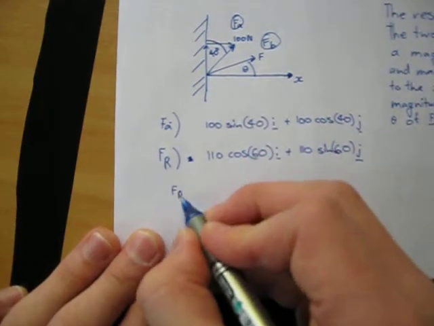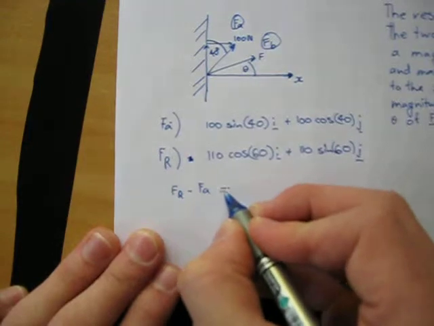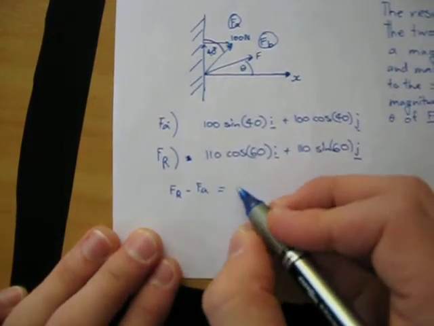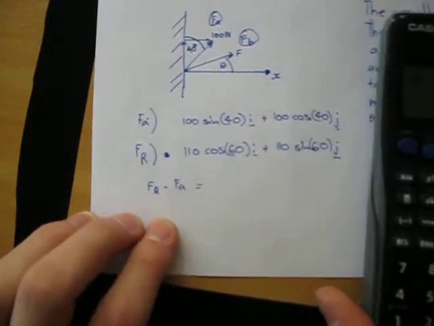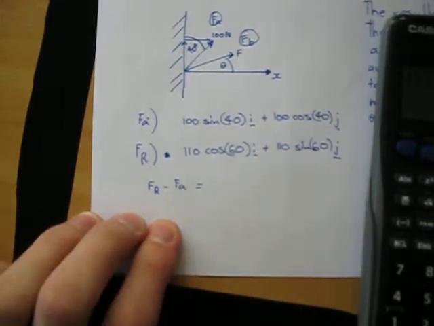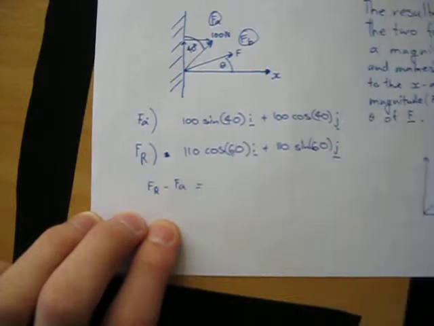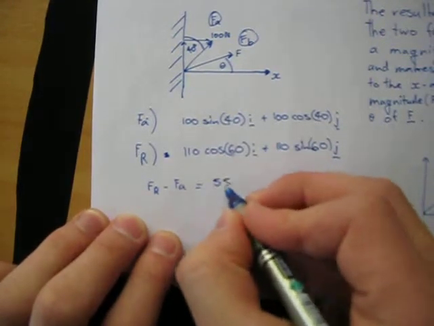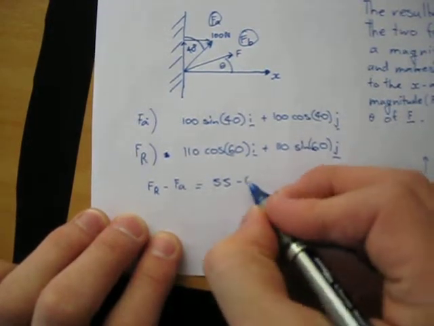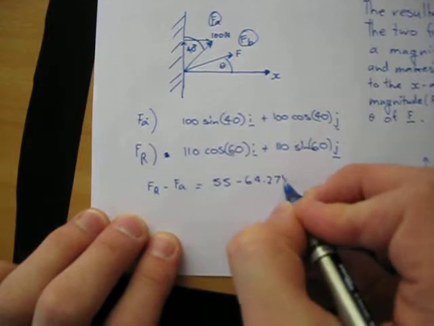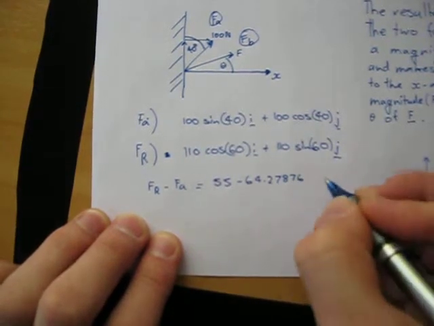So FR minus FA is equal to, let's work these values out, 110 cosine 60 gives you 55 minus 100 sine 40 gives you 64.27876.